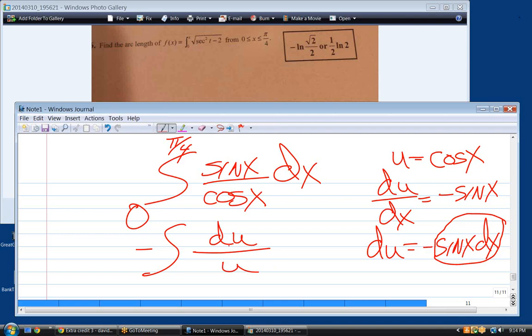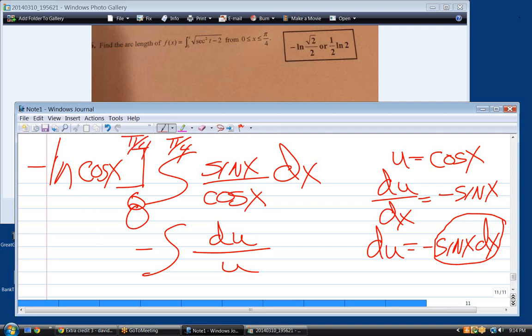That is the natural log of u. So the answer is minus the natural log of u, which is cosine x, evaluated from 0 to pi over 4.